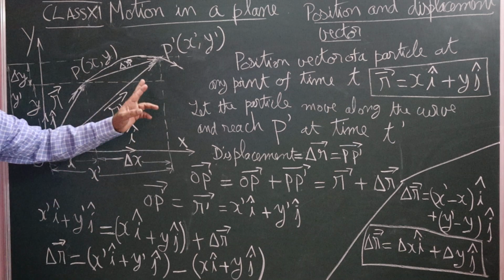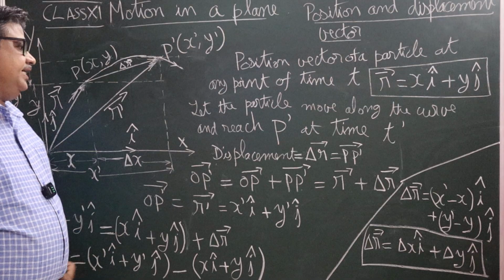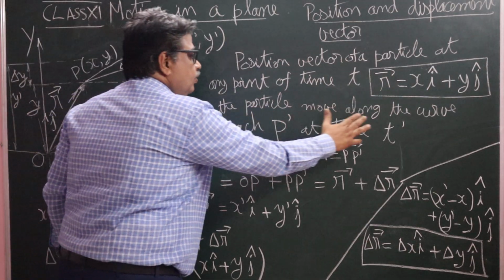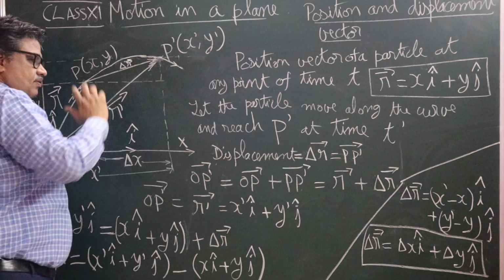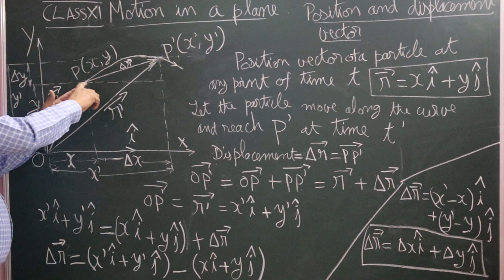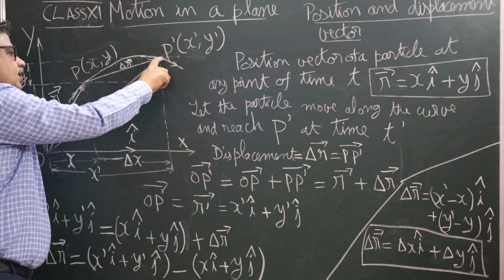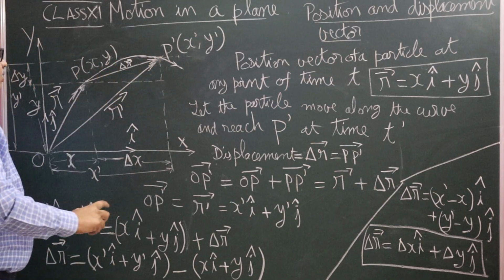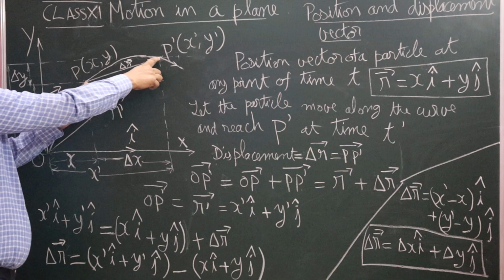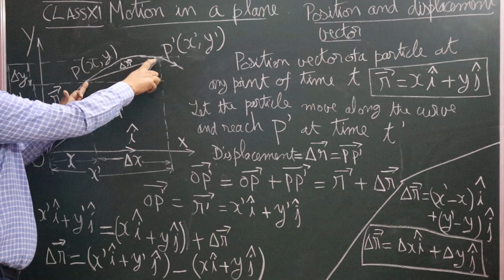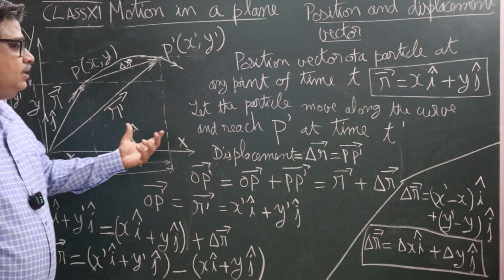Let the particle move along the curve and reach here. This is actually the displacement. Therefore, the displacement from P to P dash is del r vector, the displacement of the particle.